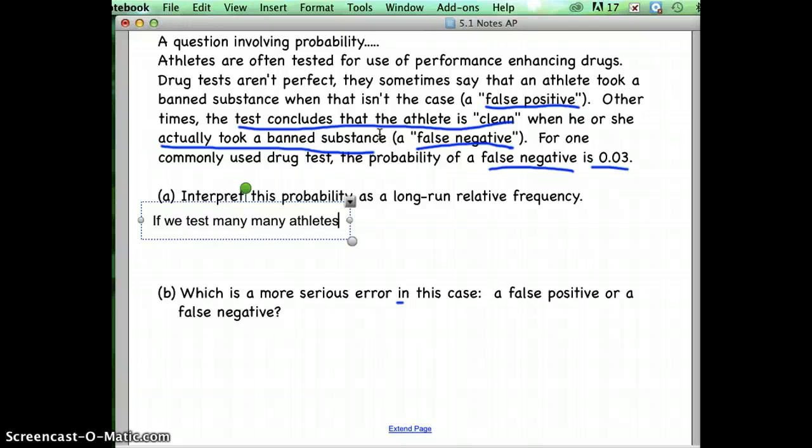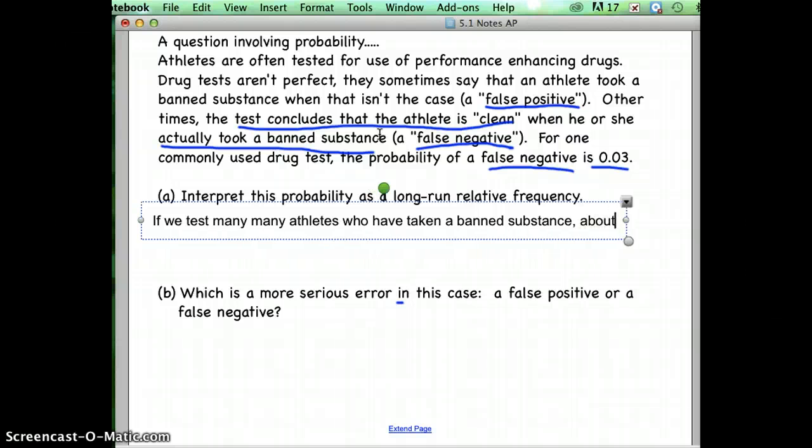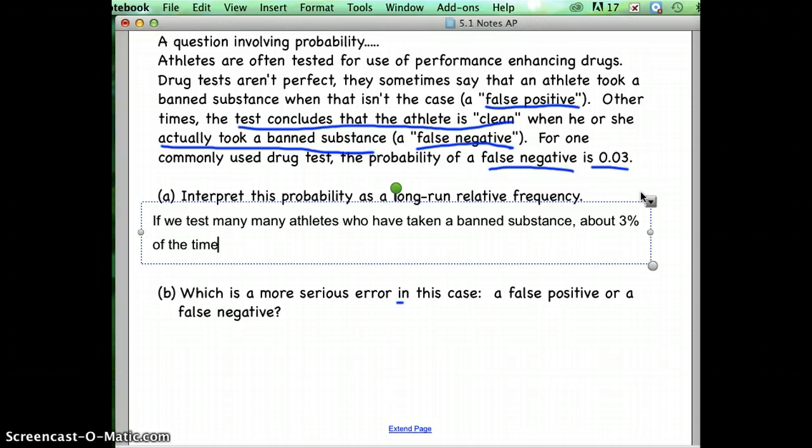Okay, so if we test many, many athletes who have taken a banned substance, about how many of them? 0.03, or we could say 3%. About 3% of the time, the test will say that they are clean or that they have not taken it.